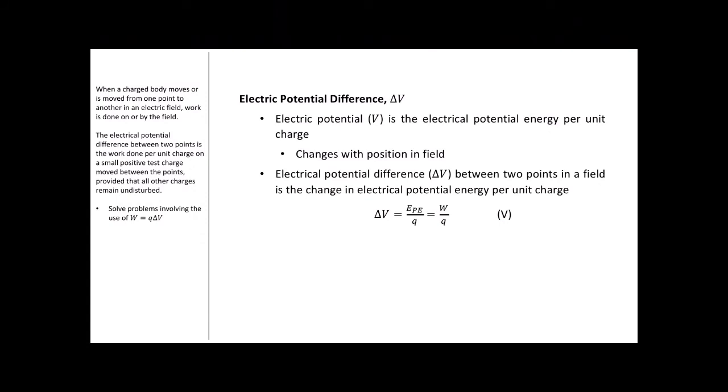So moving on to electric potential difference, which is the change in voltage essentially. Electric potential, or volts, is the electrical potential energy per unit charge, and this changes with position in the field because obviously the electrical potential energy is going to adjust depending on where we are in the field.